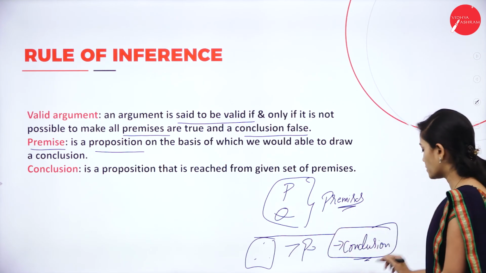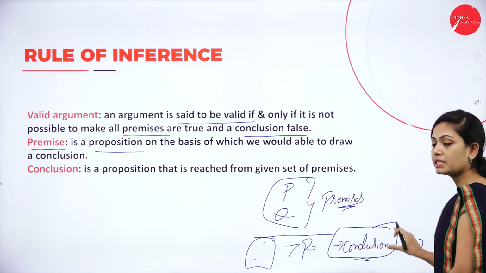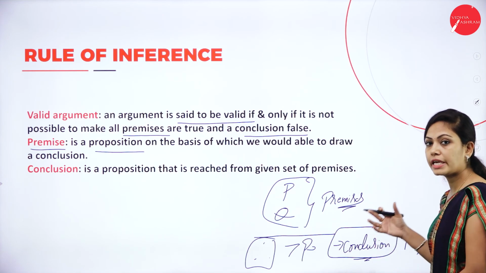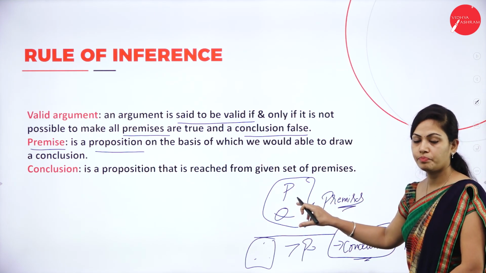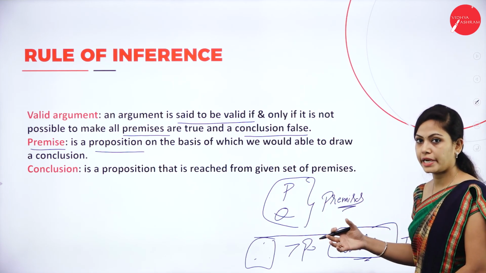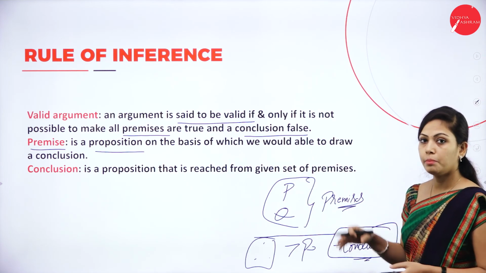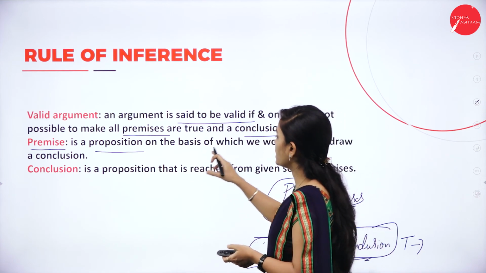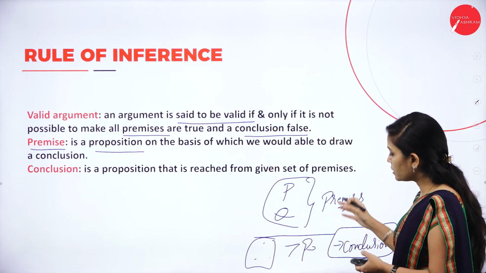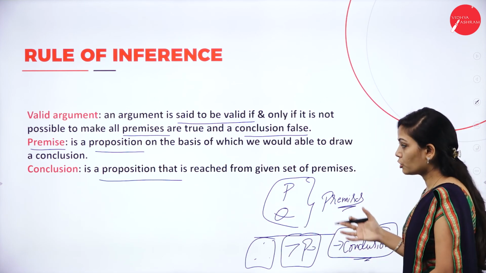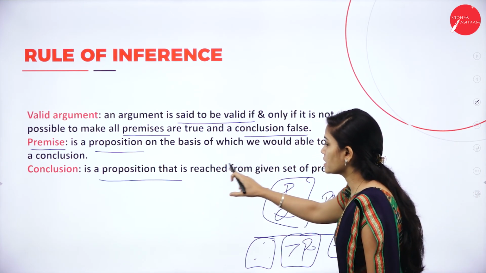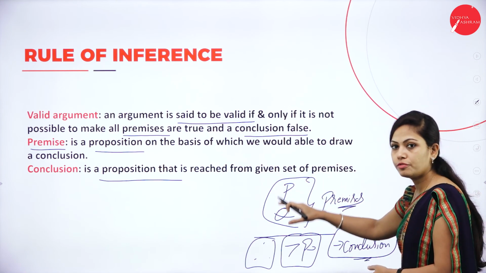If your conclusion is true, then we can call it a valid argument. Otherwise, it is an invalid argument. So premises means two statements, or a number of statements. Clear? Conclusion means a proposition that is reached from a given set of premises.